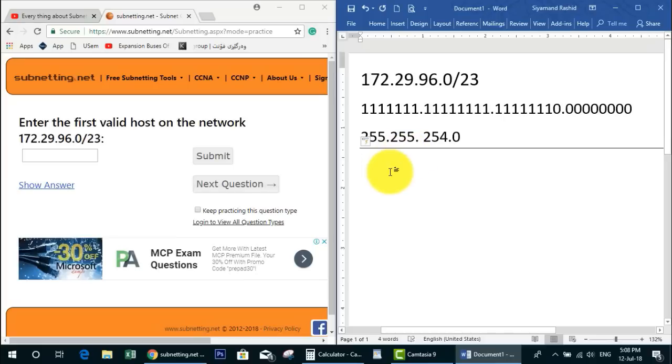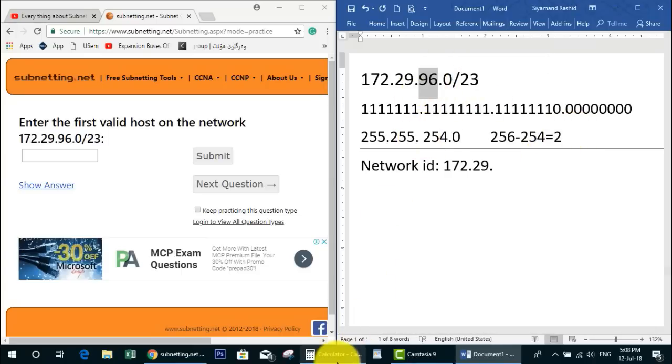Let's find the network ID before the first valid IP. As we said, the three rules say if you have 255, you just put the IP address, and if you have 254, 256 minus 254 equals 2. So we have to increment this until we get past 96.